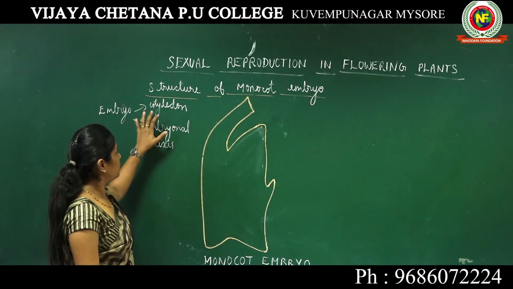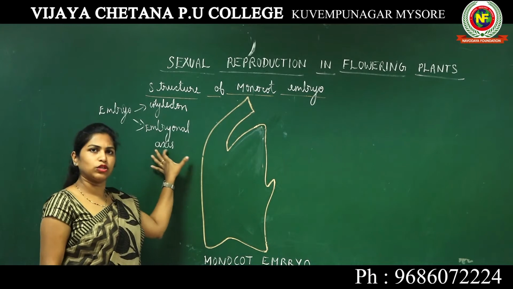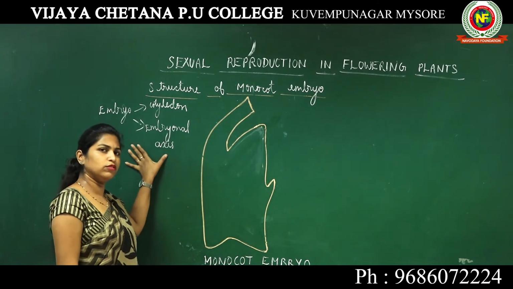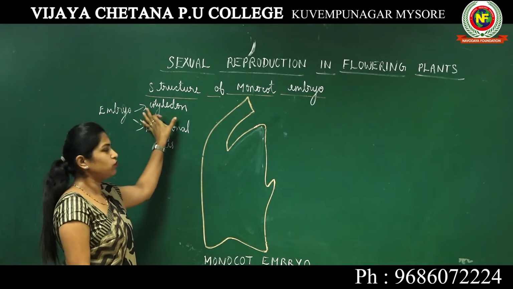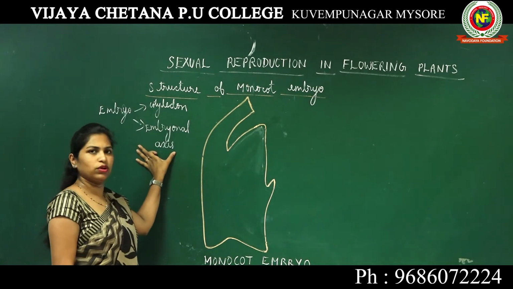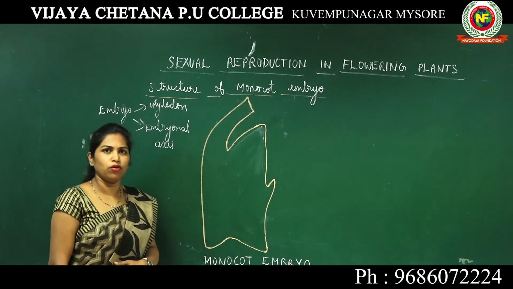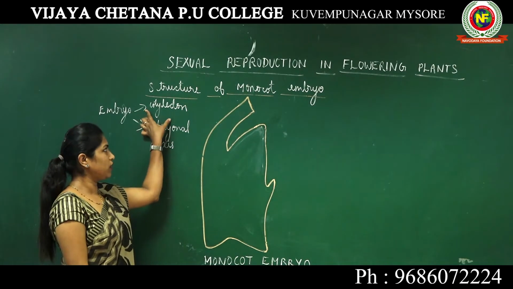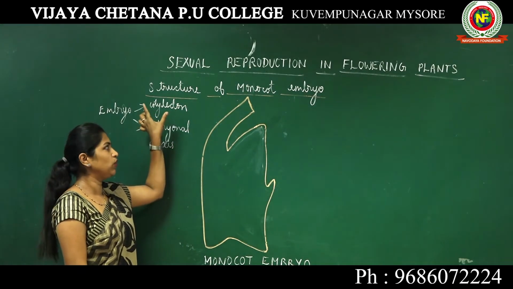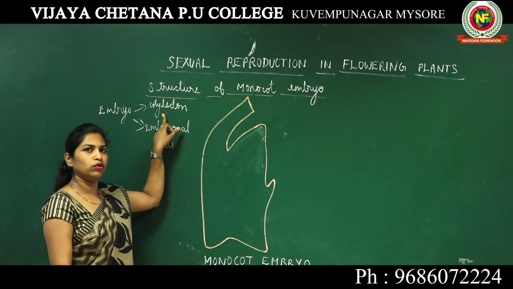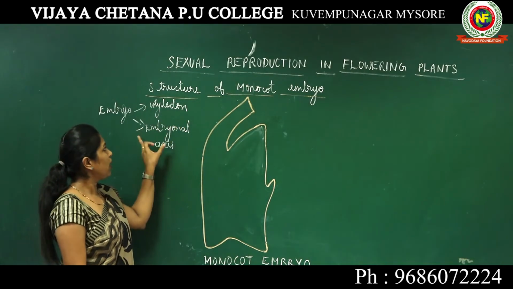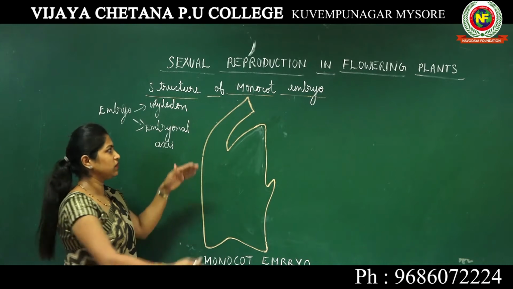While studying the structure of dicot embryo, there also I had shown you the two cotyledons and embryonal axis. Similarly, in this monocot embryo also we have cotyledon, but the difference is here we have only one cotyledon compared to two cotyledons of dicot embryo, and we have an embryonal axis.